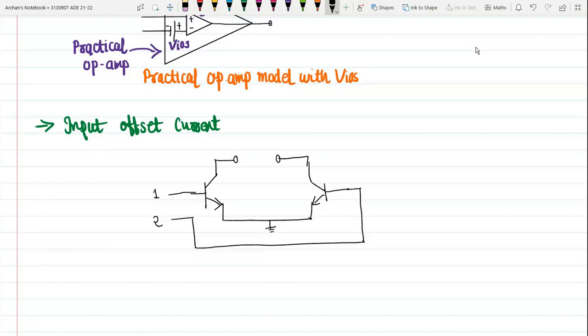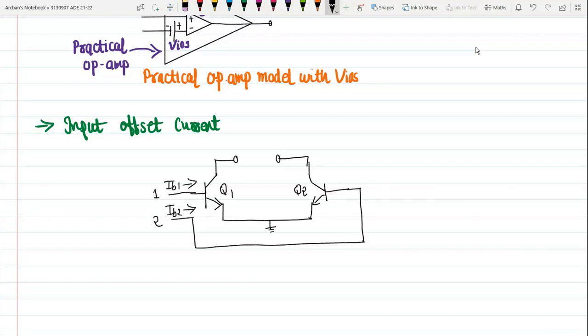Now what is happening? The input currents of this op amp are the base currents of these two transistors, Q1 and Q2. Let us say this is my transistor Q1 and this one is transistor Q2, right? So ideally Q1 and Q2 must be perfectly matched and the two base currents IB1 and IB2 must be equal. So there will be a flow of current IB1 from the base of Q1 and current IB2 will flow to the base of Q2.